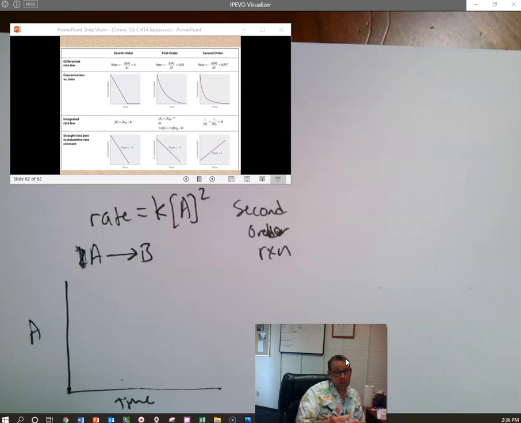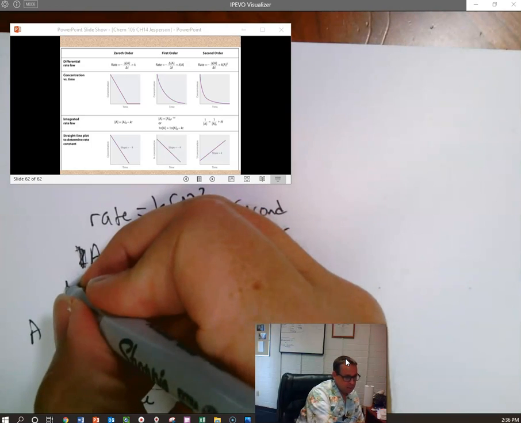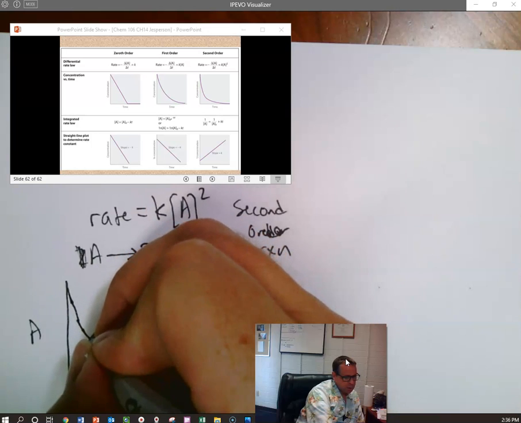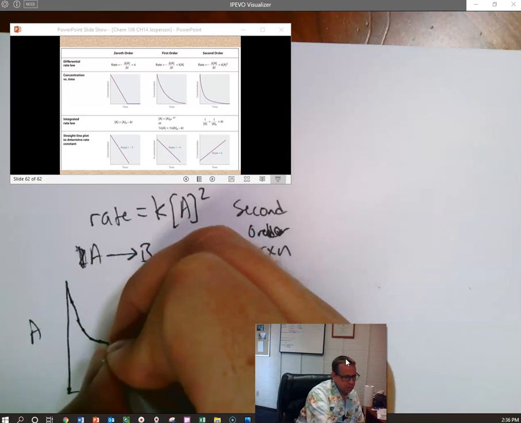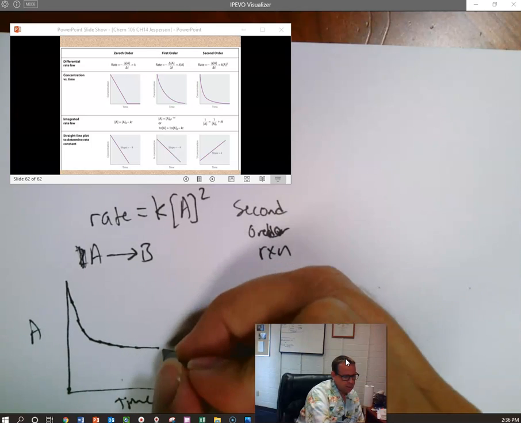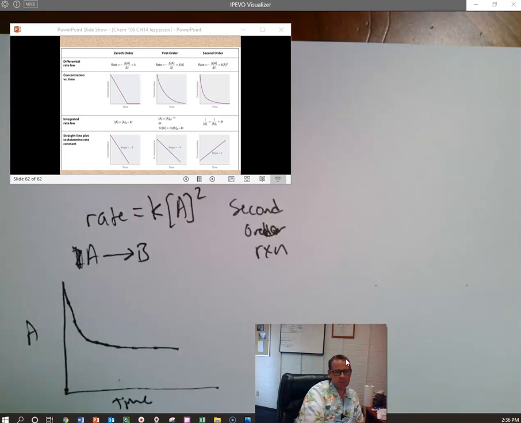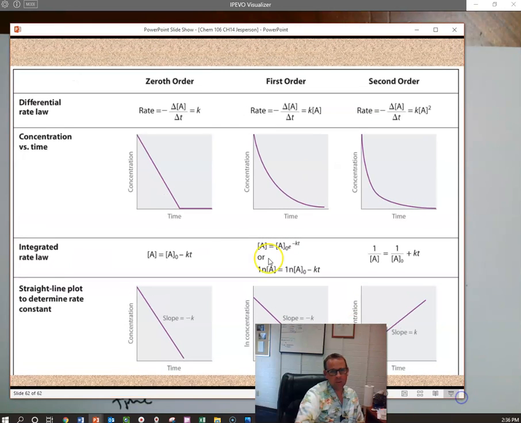Okay, it's going to decrease at a higher rate because it's being used faster. But then you also have a sharper inflection, because as that concentration goes down, the rate is more dependent on its disappearance, right? So here's kind of a professional drawing of all three of these that we've been talking about. If you plot the concentration of time for a zero order, concentration of time for a first order, and concentration of time for a second order.